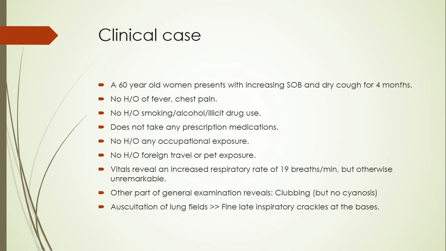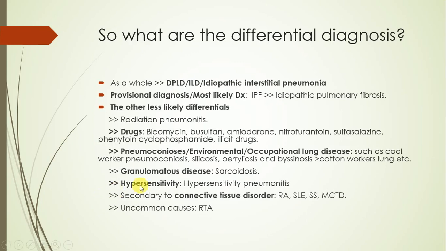So let's talk about the differential diagnosis. Overall we can see that this patient has symptoms such as dry cough and shortness of breath, and signs such as clubbing and inspiratory crackles. So this is consistent with diffuse parenchymal lung disease or interstitial lung disease, or sometimes you can say idiopathic interstitial pneumonia.